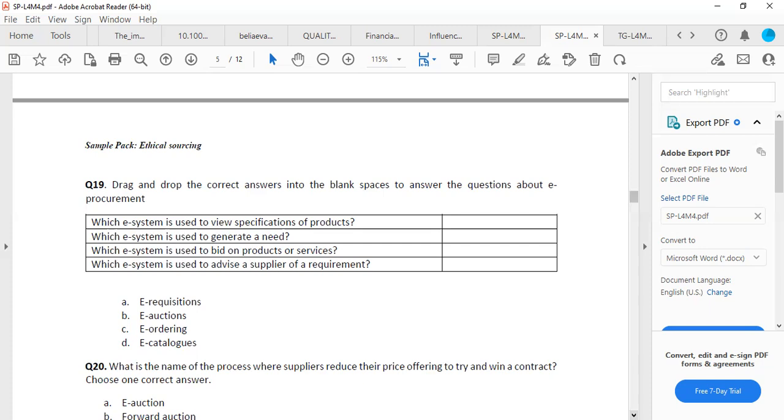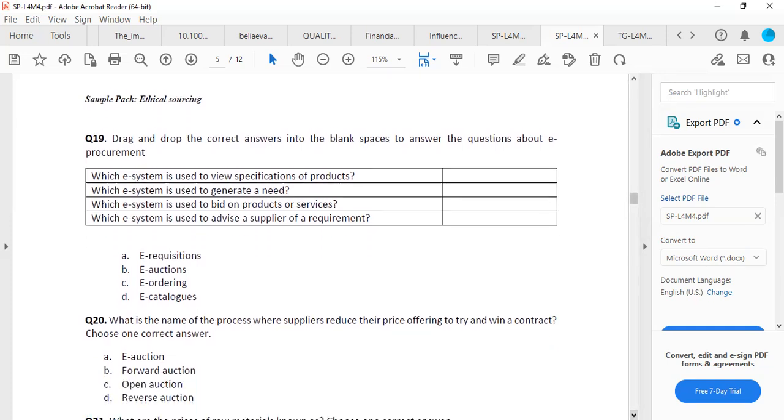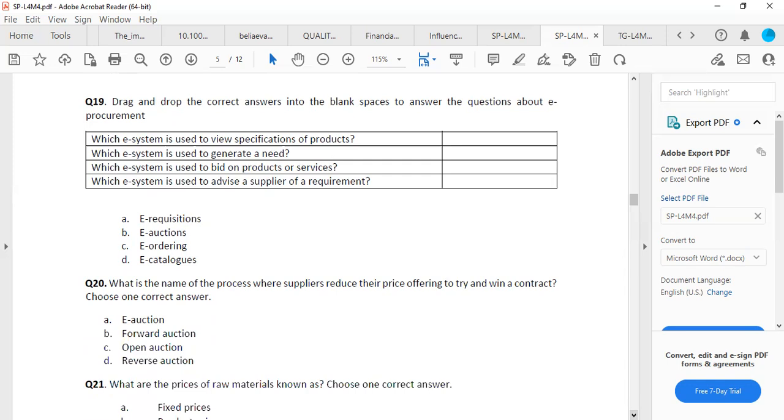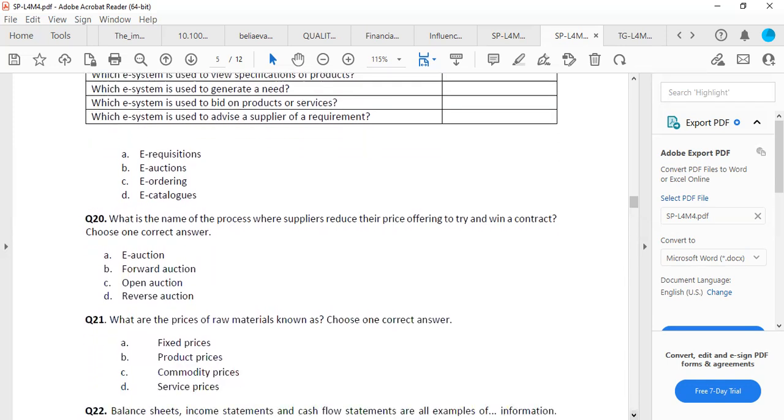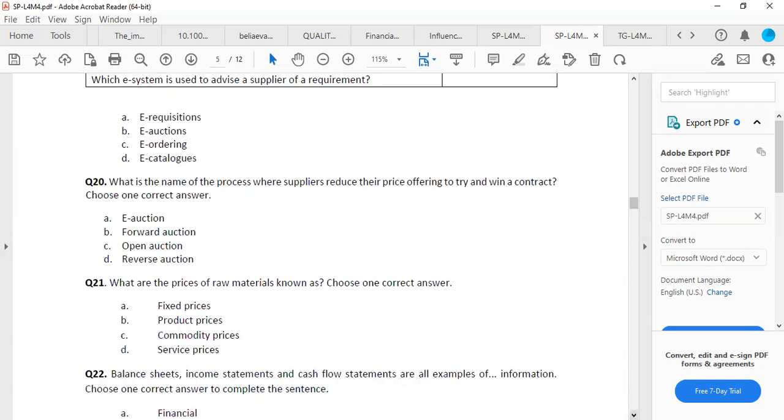Which e-system is used to generate a need? E-requisition. Which e-system is used to bid on products and services? E-auction. Which e-system is used to advise a supplier on a requirement? E-ordering. Okay. All right.